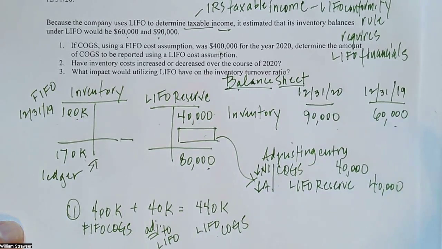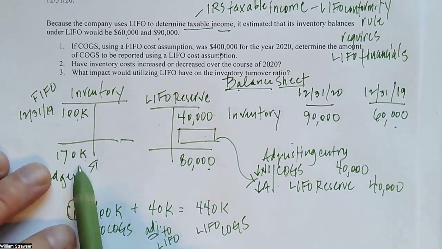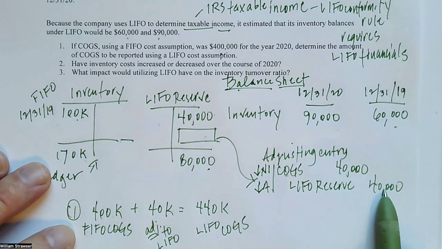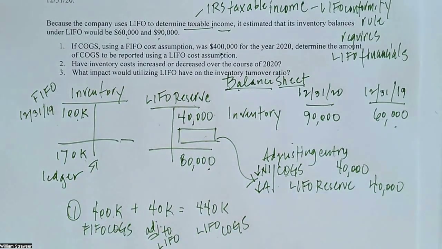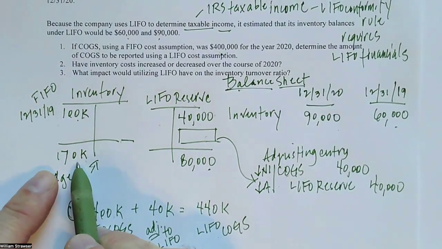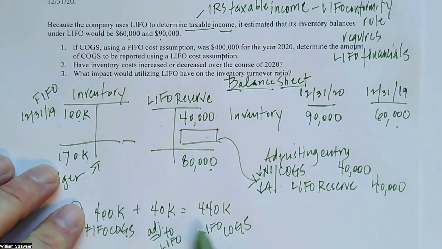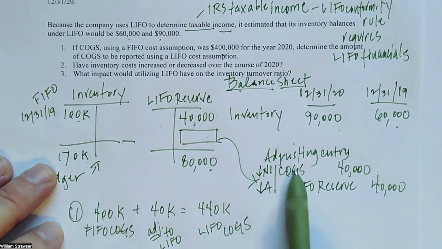And if we're switching from non-LIFO to LIFO, we're going to have a reduction in our inventory amount because FIFO tends to report the most recent inventory costs as inventory, right? So basically, we're shifting some of that allocation between our inventory account and cost of goods sold, right?